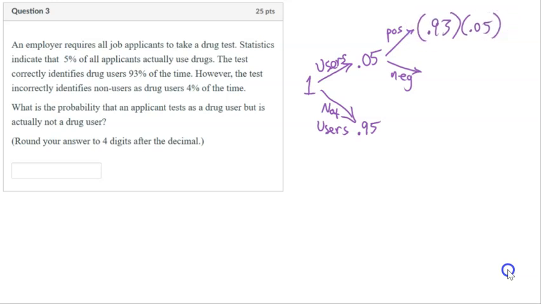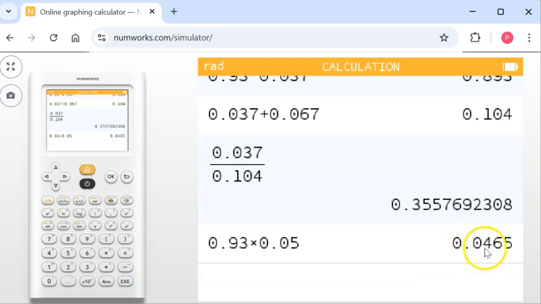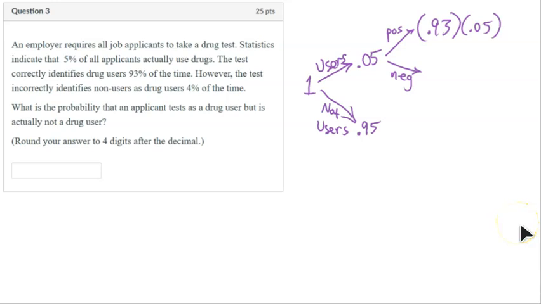That number is going to be 0.05, that's this number, times 93% of the time, because it correctly identifies them 93% of the time. So 0.93 times 0.05 gives me 0.0465. Since I'm rounding to 4 decimal places in the answer, I'm going to go to 4 decimal places here.